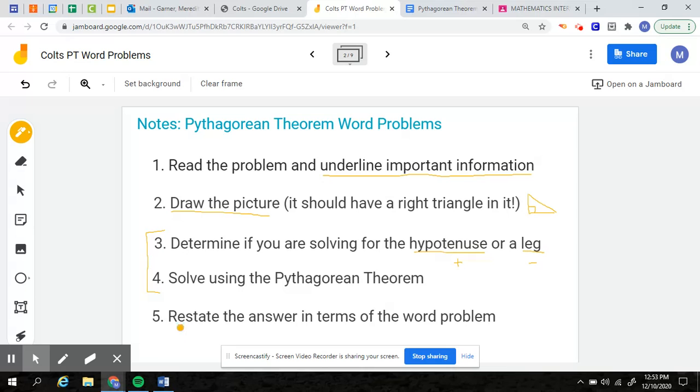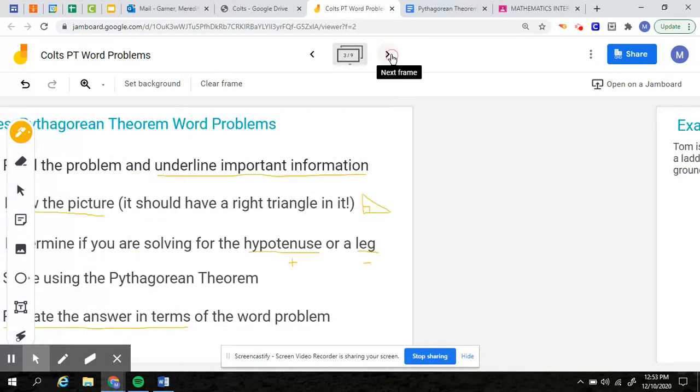And then the fifth one is just going to be restating the answer in terms of the word problem. So for instance, if the word problem is asking how far away you are from town, you might answer you're 5 miles from town, right? Your answer is not just going to be 5. You want to put it back in terms of what the problem is actually asking you. So those are our steps for our word problems. We will go over 2 examples.